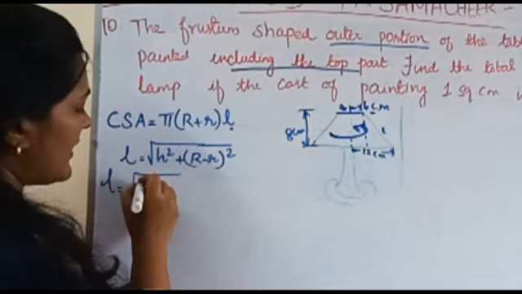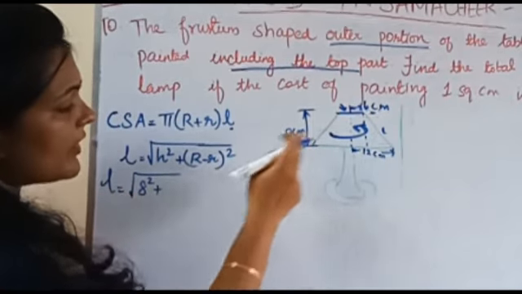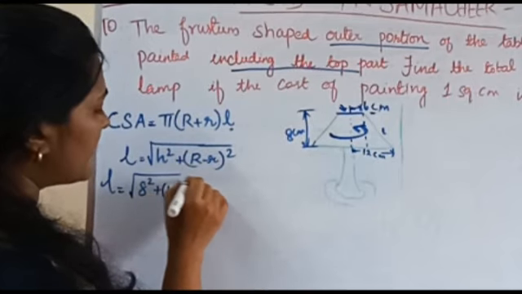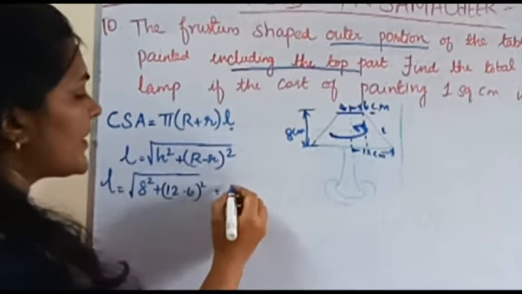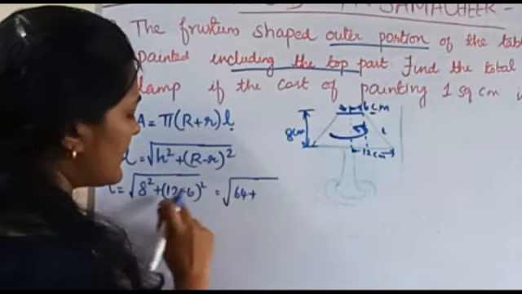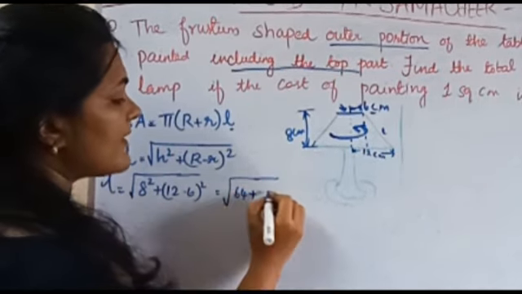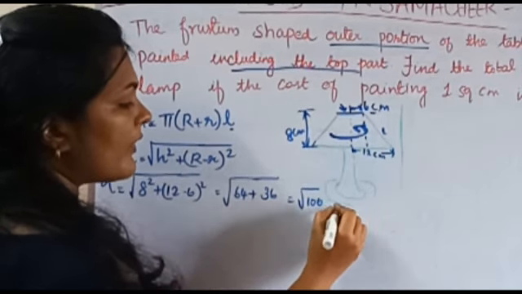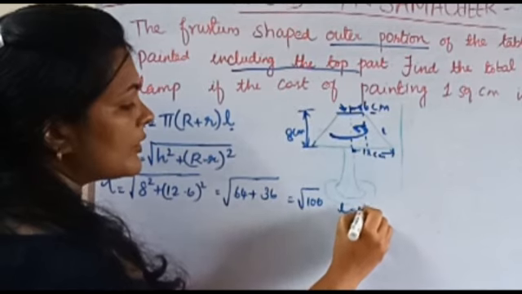Square root of 8 square plus (12 minus 6) the whole square, which gives you square root of 64 plus 36, is equal to square root of 100. So L is equal to 10.